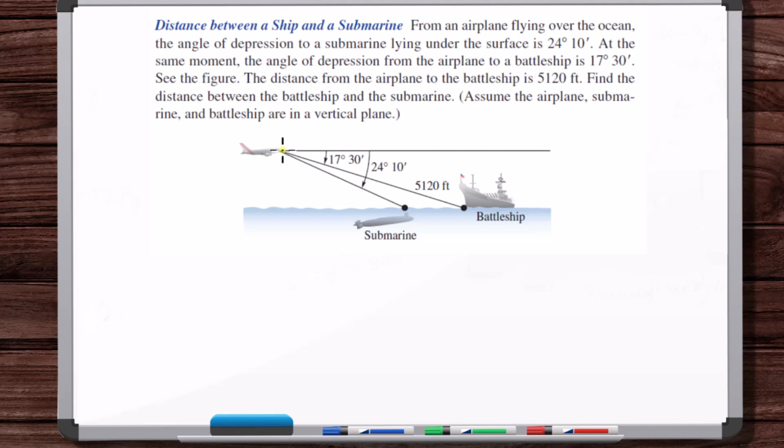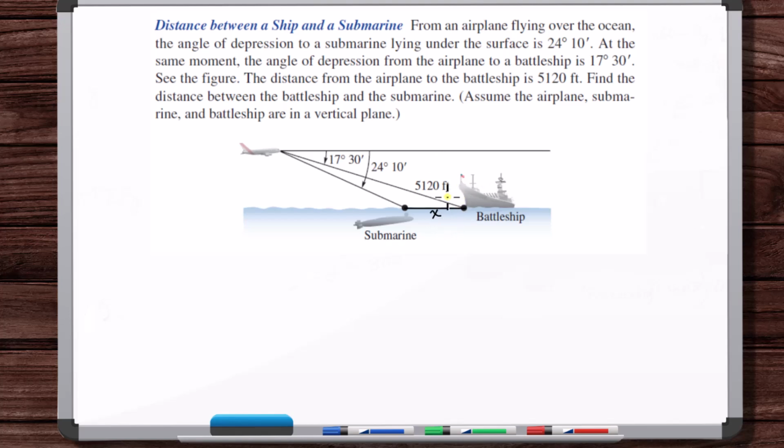So the airplane in the cockpit determines that the angle of depression of the submarine, the angle under the horizontal to the submarine, is 24 degrees 10 minutes, and the angle of depression to the battleship is 17 degrees 30 minutes. And then the distance from the airplane to the battleship is 5,120 feet. And it wants us to calculate the distance between the submarine and the battleship.